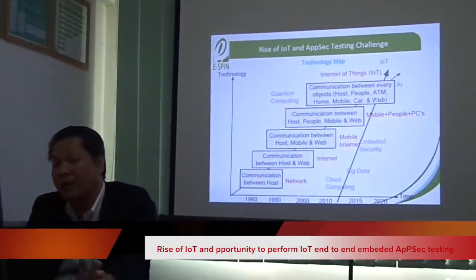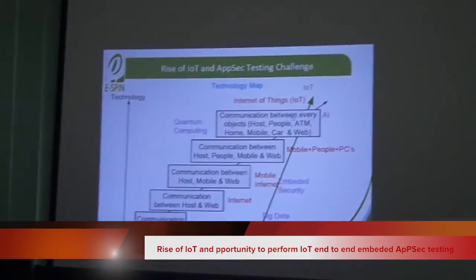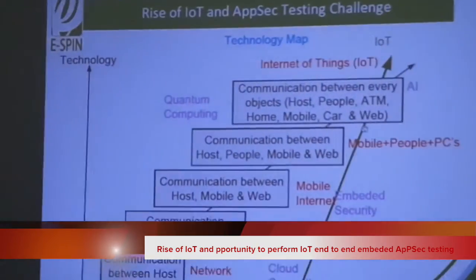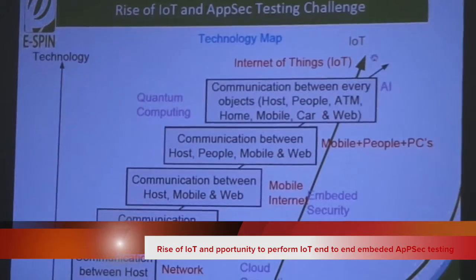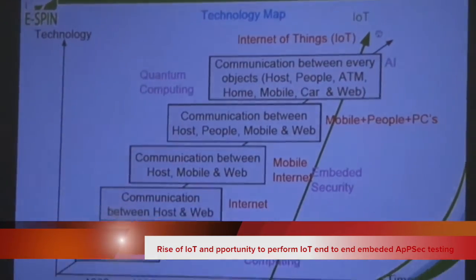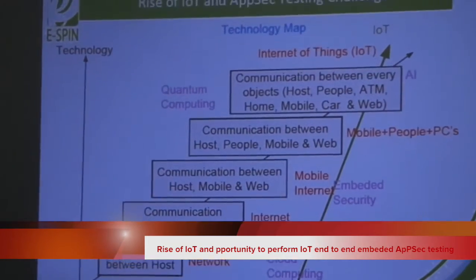Everyone is now aware that IoT and sensors will outnumber mobile and PC by at least 20 times. In that scenario, of course, we need a new way of testing them. We cannot still treat them in the traditional way.